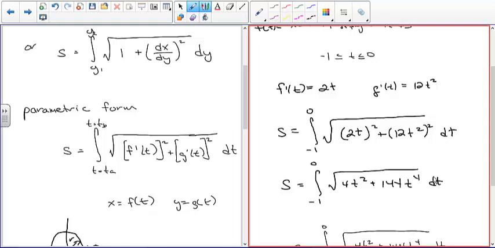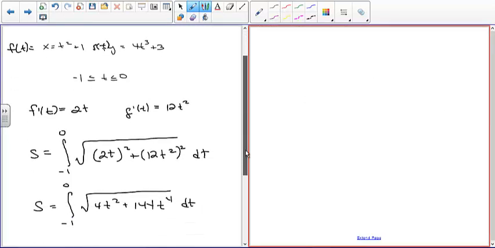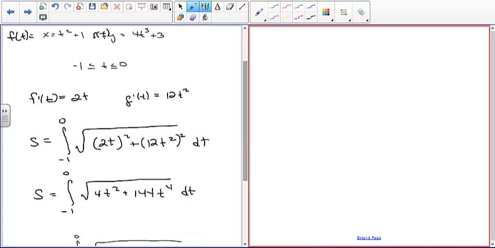Evan, what do you think? Yeah, good. So you factor out a 4t squared, which when it comes out of the integral becomes just 2t.